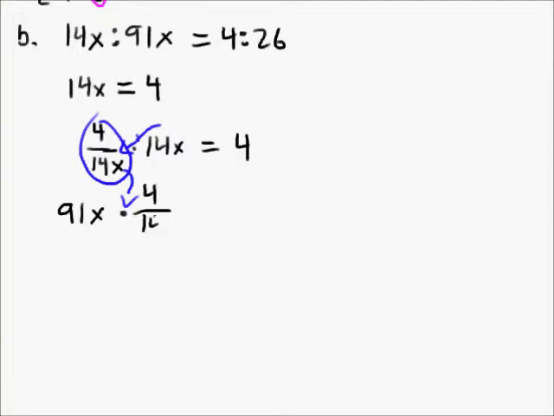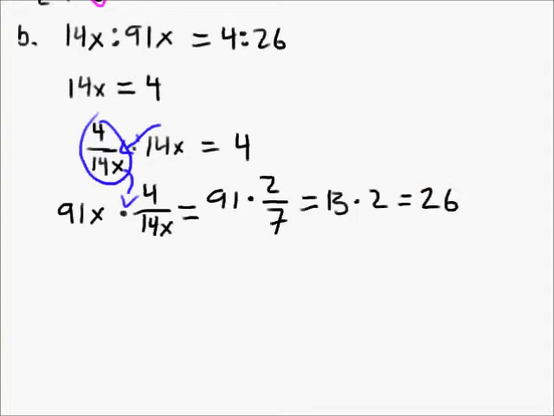4 divided by 14x. The x's will cancel out, and we'll actually be left with 91 times 2 over 7. 7 goes into 91 13 times, so it's 13 times 2. We're left with 26.